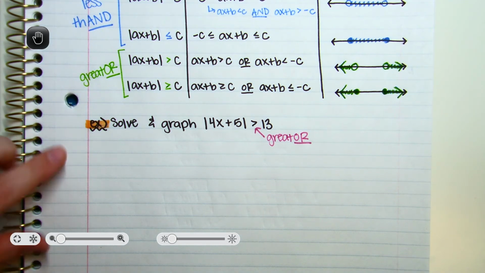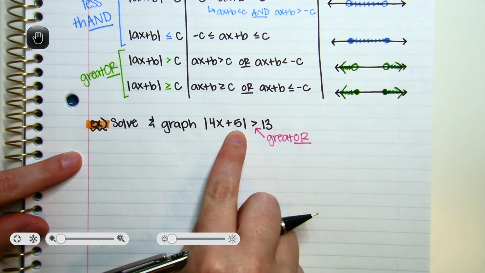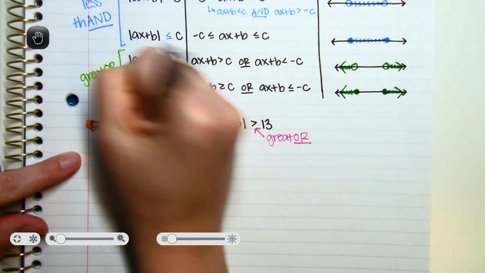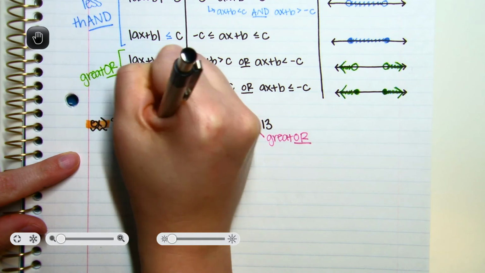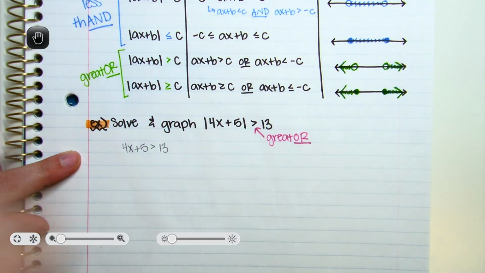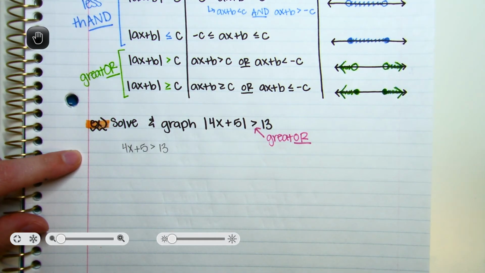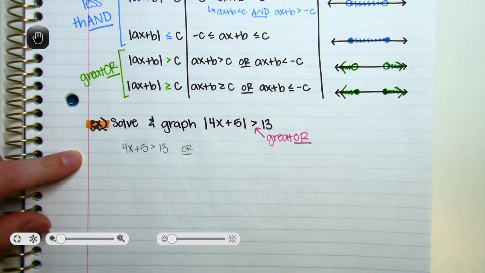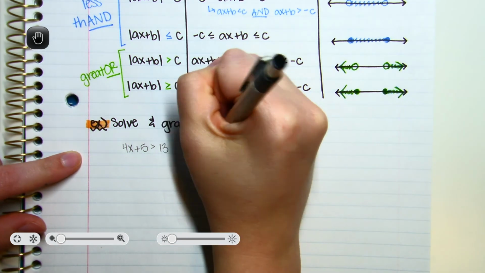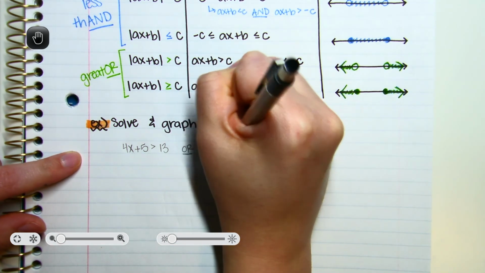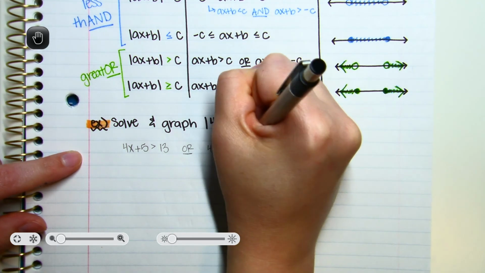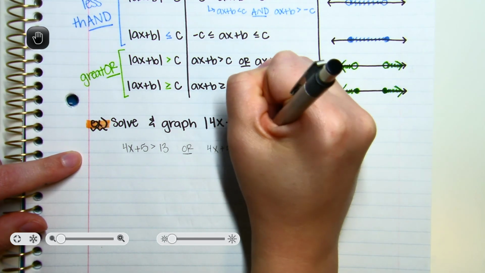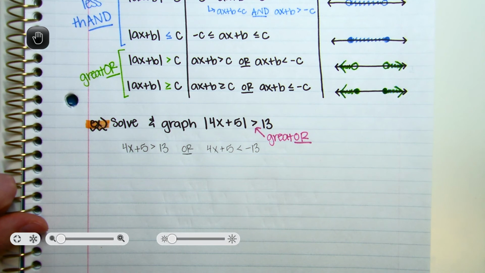All right, so when I write this out, I'm going to copy what's inside my absolute value, the 4x plus 5 greater than 13. I copy it exactly how it's written without the absolute value. Or, that's where the greater comes in. So, or, copy what's inside the absolute value. But now I'm going to flip the sign and make it negative. These are the two things that I'm solving now.